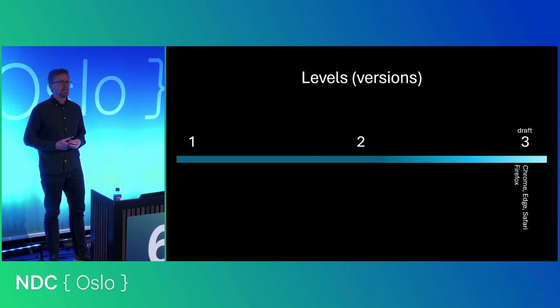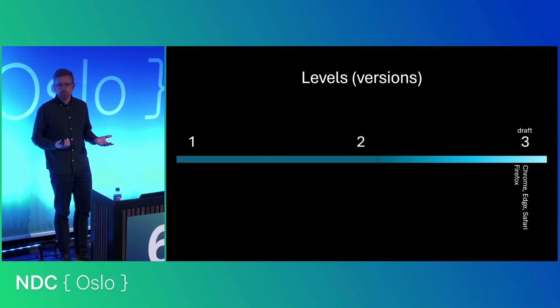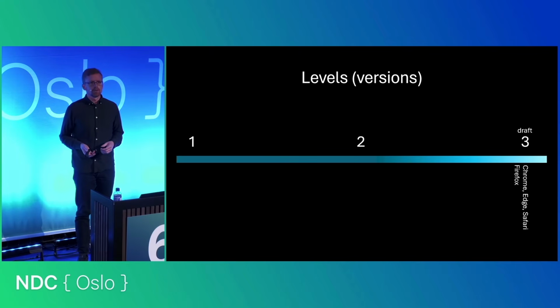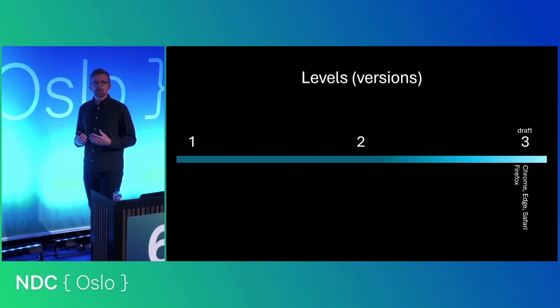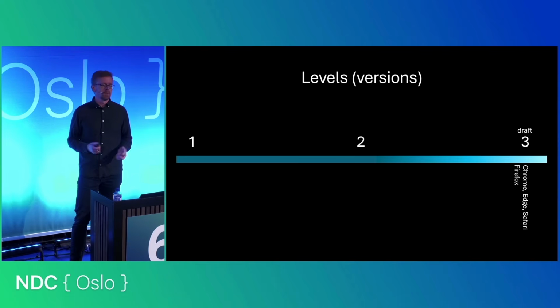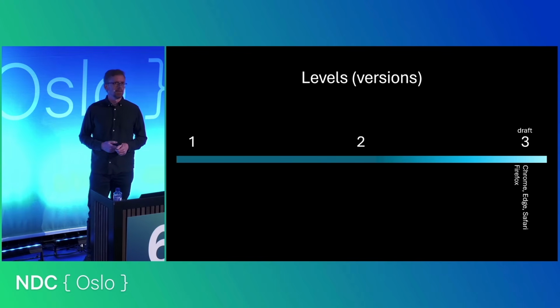CSP comes in 3 different levels, or you could call them versions, because that's what they really are. We are now on level 3, and have been for a number of years, even though the specification is still in draft. But now we don't really need to care about the older versions anymore, because the browsers pretty much have implemented level 3.